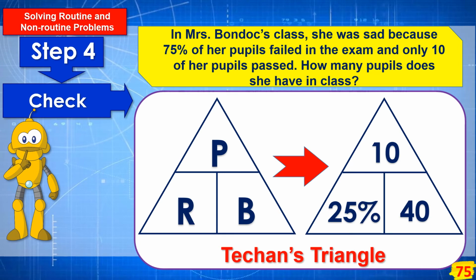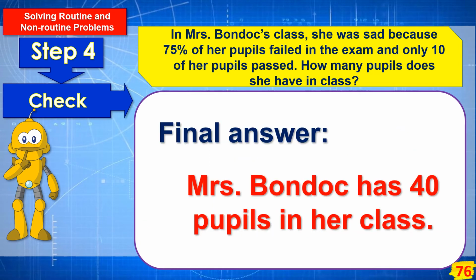To check, using the formula in finding percentage, which is P is equal to R times B, substitute R to 25% or 0.25 and B to 40. 0.25 multiplied by 40 is 10, which is the value of P in the Tetchan's triangle. Therefore, our final answer is correct. Mrs. Bondoc has 40 pupils in her class.